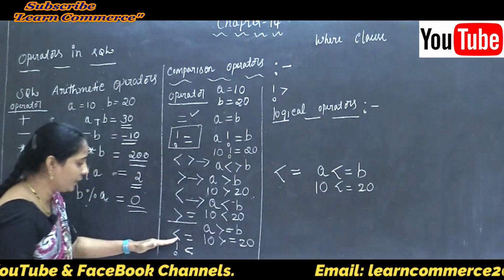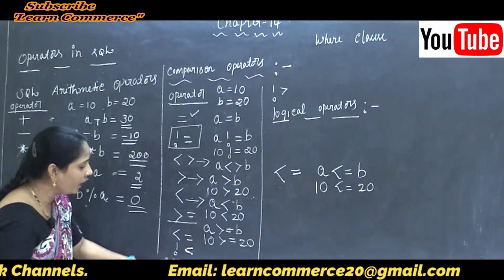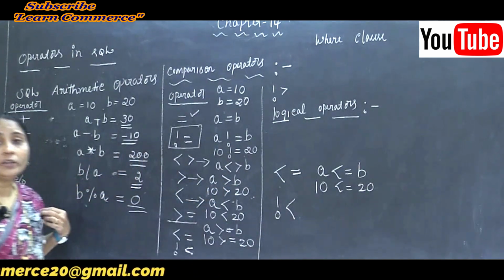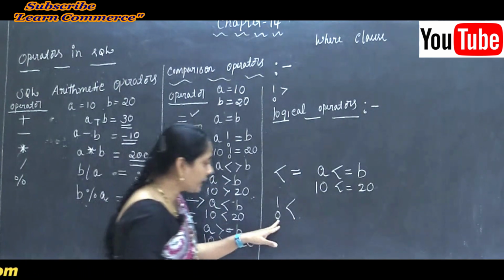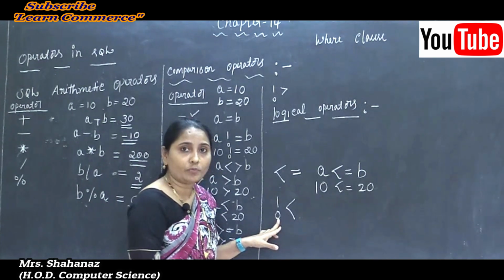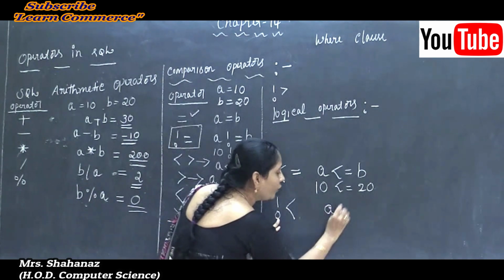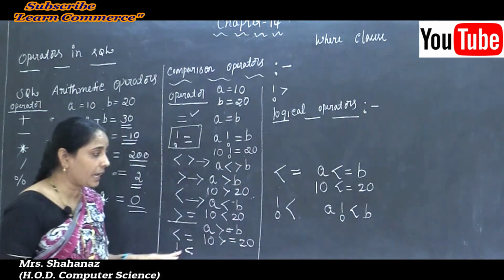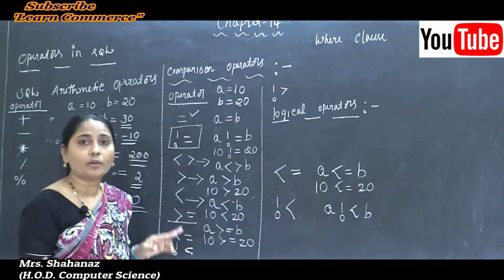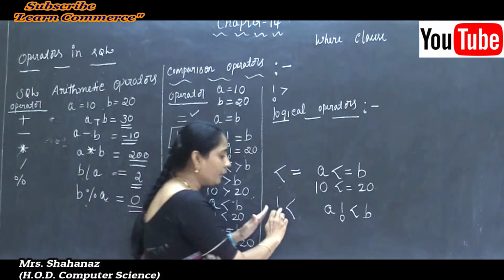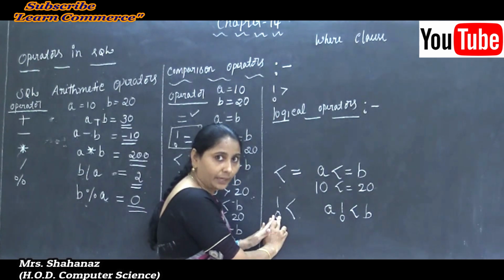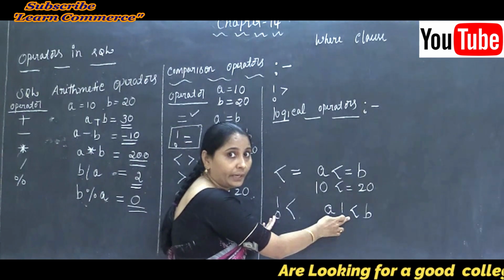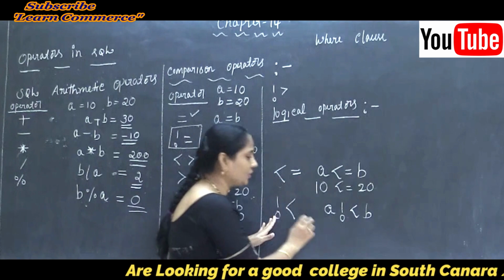And after completing this, the next thing is not less than. Check whether the value of the left hand operand is not less than the value of the right hand operand. Clear this point here. If yes, then only the condition becomes true.